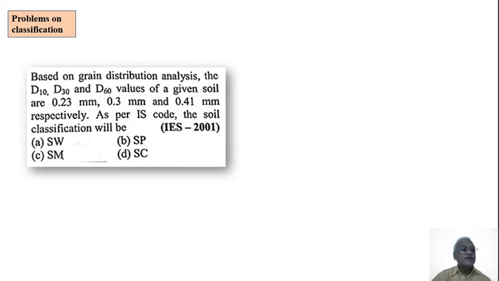To decide SM, SC, they have not given any data, but you can always calculate Cu. Cu is equal to D60 by D10. D60 is this, D10 is 0.23, so 0.41 divided by 0.23, approximately 2. So Cu has to be greater than 6 for sand to be well graded. So obviously one can decide that it is SP.